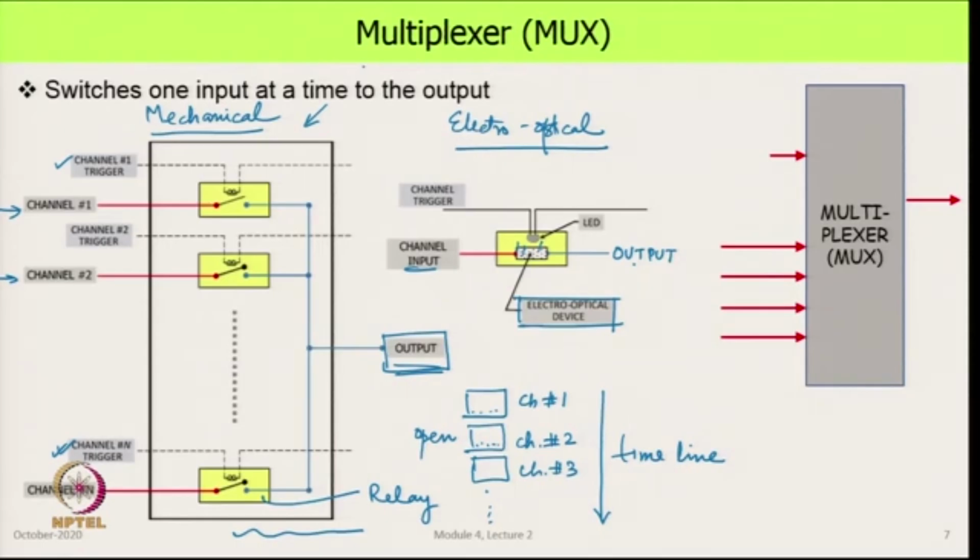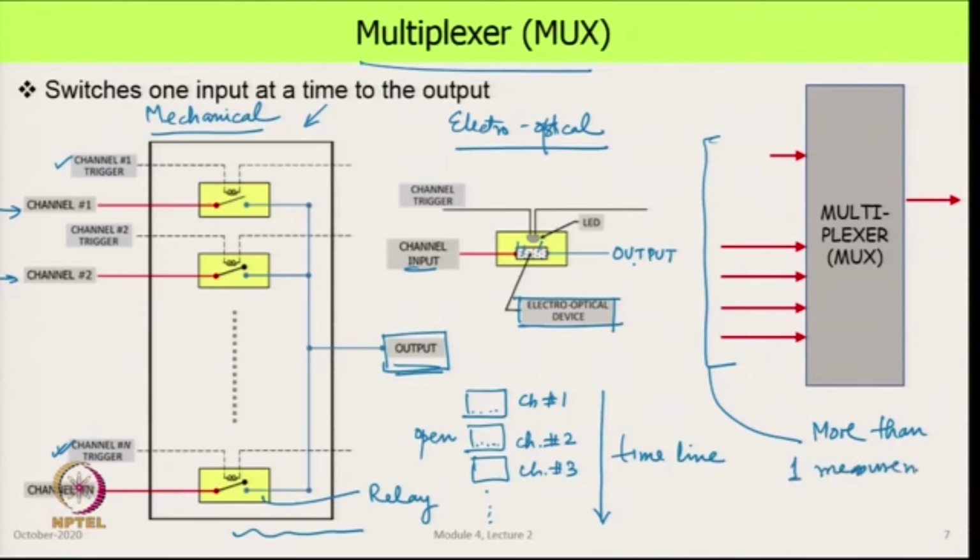So, this is what the multiplexer does, and this becomes useful because, like this we have seen, these are the inputs of the multiplexer. In most experiments, we have more than one measurement that we are making. And our objective then is to record the signal from every one of those instruments.